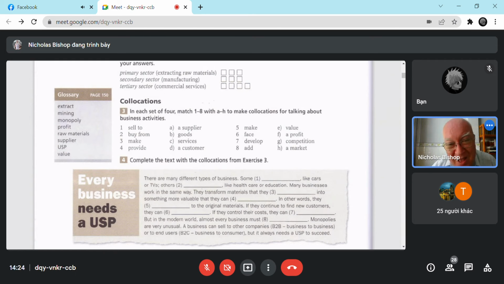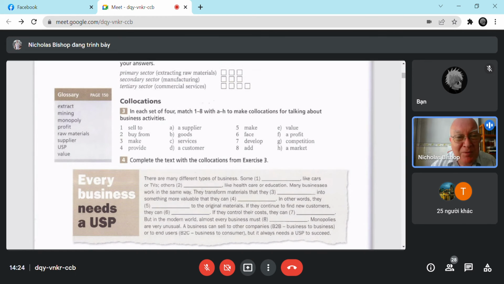So I think you can match 1, 2, 3, 4 to A, B, C, D, and then you can match 5, 6, 7, 8 to E, F, G, H. So we can do it in two bits like that.